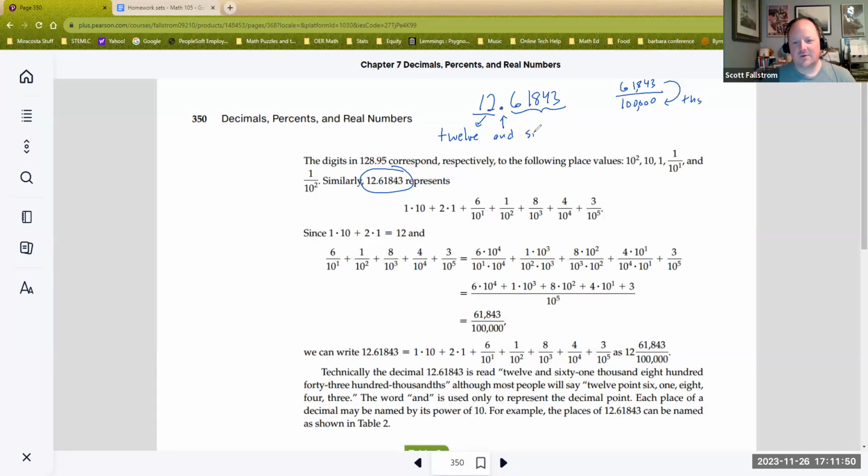So I would write out 61,000 843 hundred thousandths, THS at the end. All right. So there we are. So that's how you could write it out and say it.